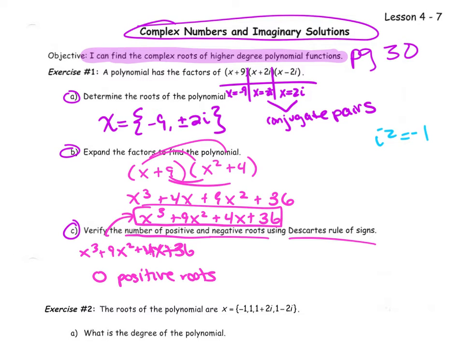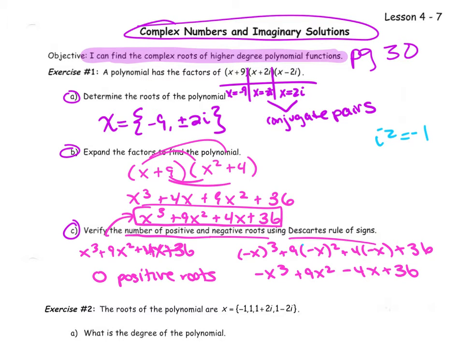And now if we input the negative x, so we have negative x cubed plus 9 times negative x squared plus 4 times negative x plus 36. We'll have negative x cubed plus 9x squared minus 4x plus 36. Remembering a negative x squared is always going to be positive whenever you square a negative number, or even raise it to the 4th, raise it to the 6th.